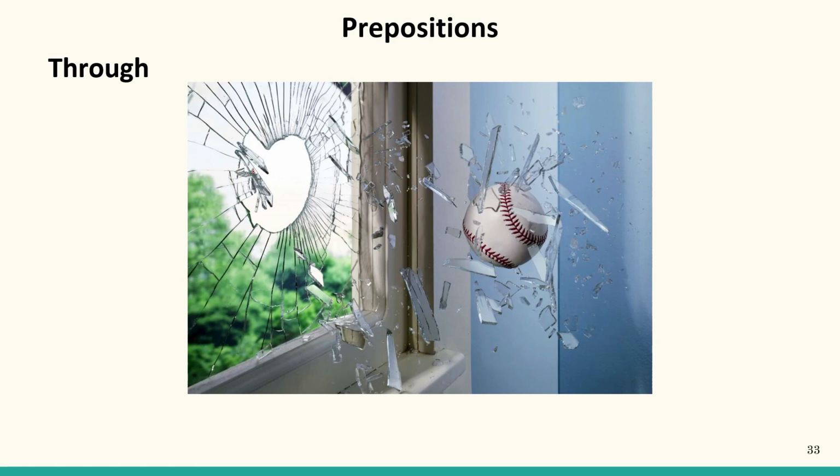Now through is basically when something passes through something. Now the ball went through the glass, or the ball broke through the window. Through means when something passes from inside. For example, the train is passing through the tunnel.